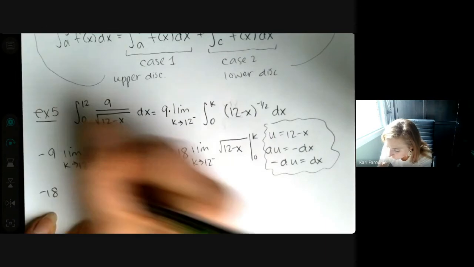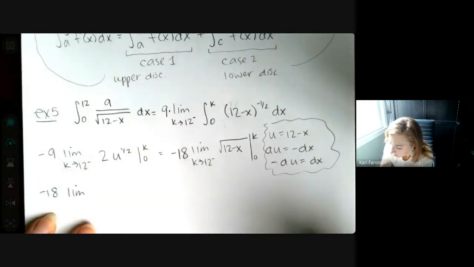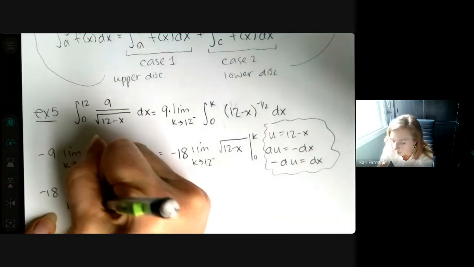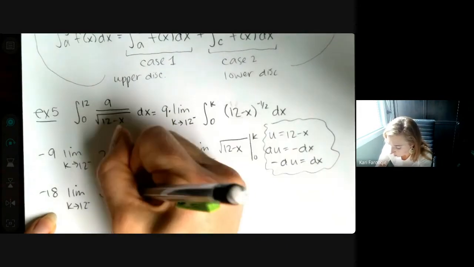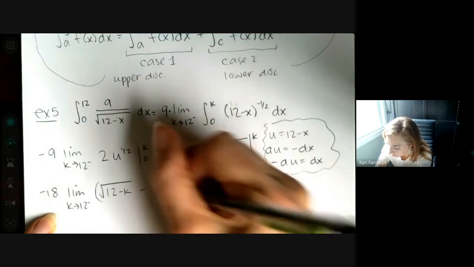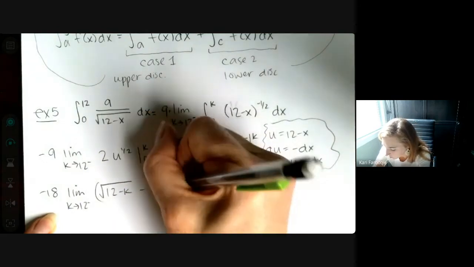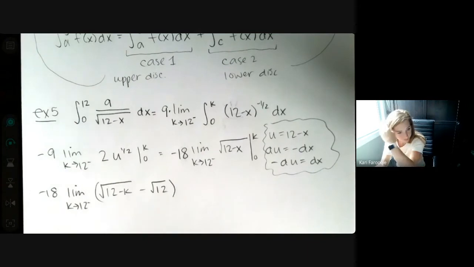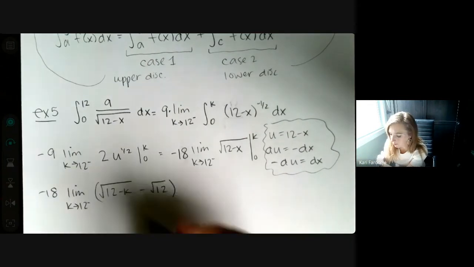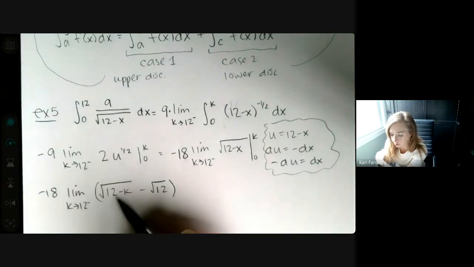So we'll have negative 18 times the limit as k approaches 12 from the left of the square root of 12 minus k minus the square root of 12 minus 0, which is just 12. All right, now as we are approaching 12 from the left, it doesn't matter which way we approach it.